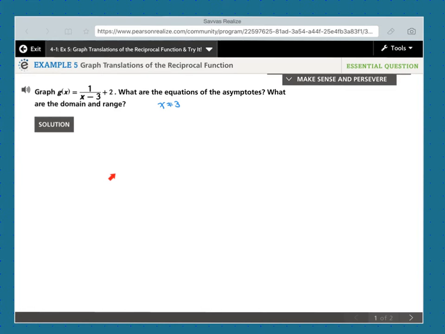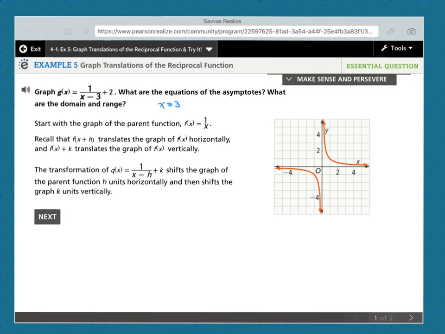Therefore, the transformation of this, g of x equals 1 over x minus h plus k, shifts the graph of the parent function h units horizontally and then k units vertically. Okay, so this is the transformation you want to remember here. That's important.